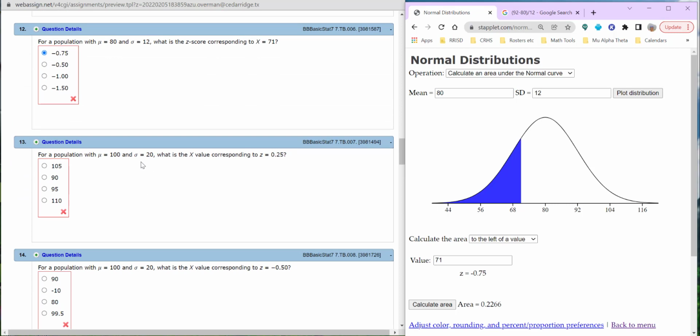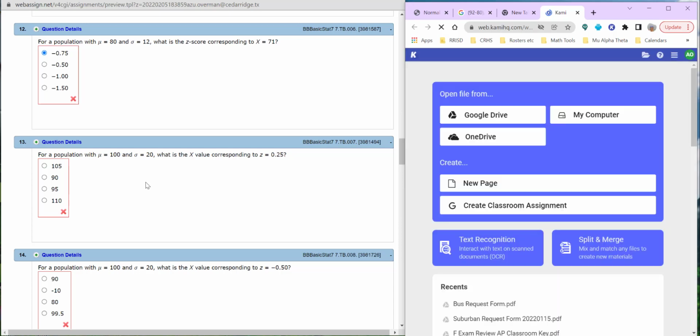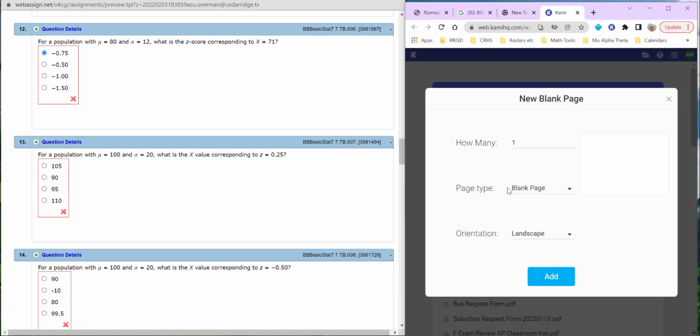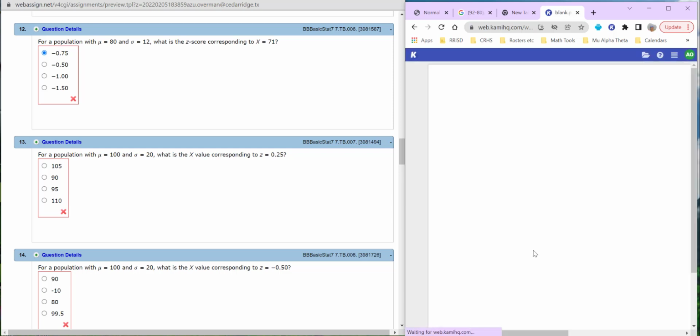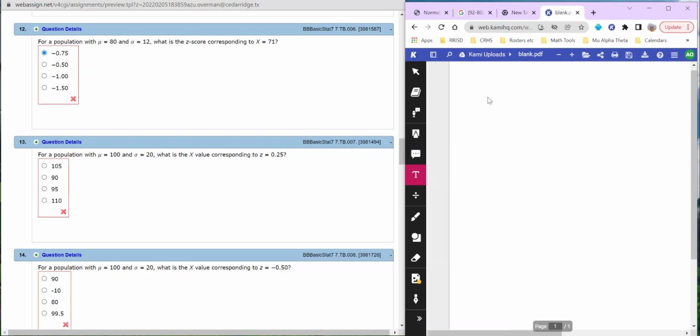For a mean of 100 and a sigma of 20, what is the value corresponding to a z of 0.25? Now, this is one where I'm actually going to have to pause and do a CAMI. Blank sheet. This is one of the times that you really want to just do a formula. So I'm going to use a text box.